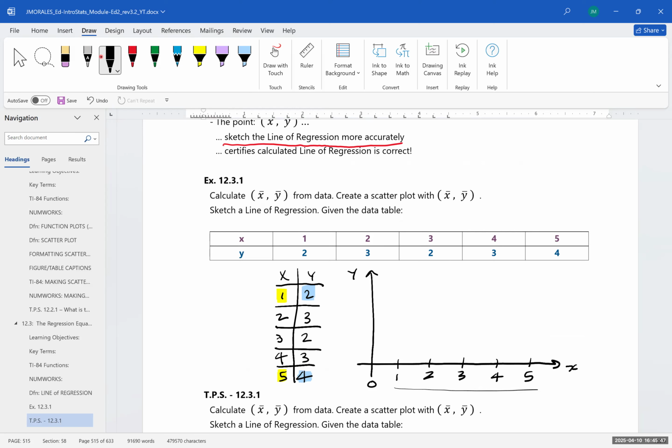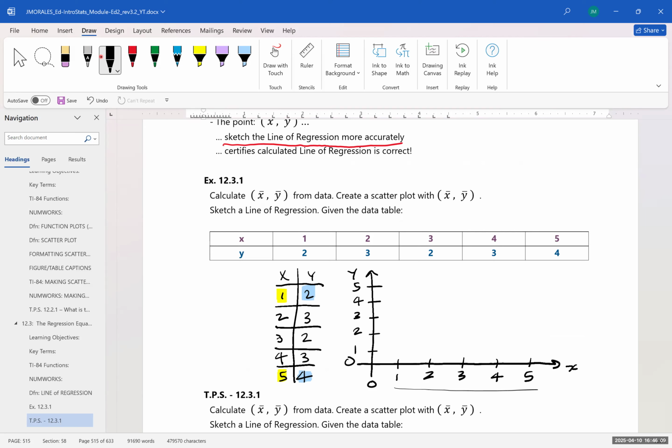So I'm going to do that. I'm going to go from 1 to 5 on my y-axis as well. So I'm going to go 1, 2, 3, 4, and 5. Like that. Okay, so now I can go ahead and plot my points.